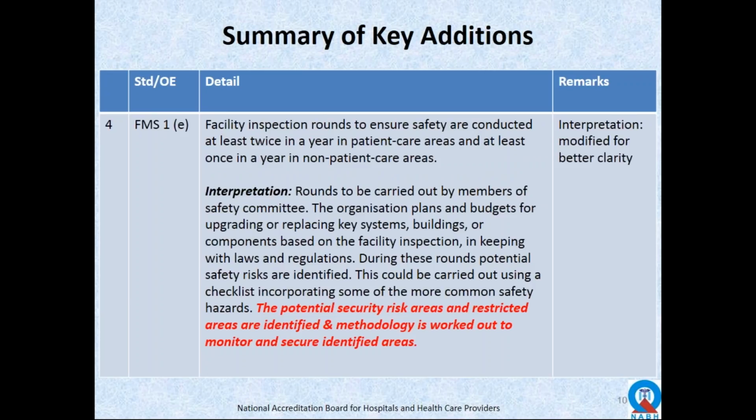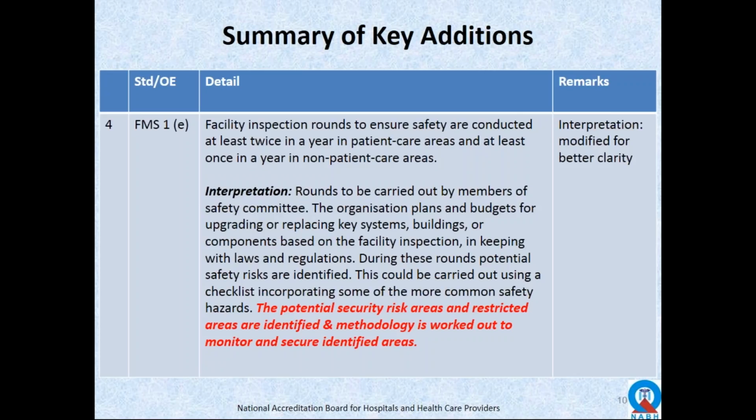We have not specified which methodology or mechanism is to be worked out, whether it be in terms of posting more security personnel, having better lighting, or having more CCTV cameras placed in these areas. That's left to the organization to decide. But the organization should definitely find out the potential security risk areas and areas which are high risk and restricted, so that a methodology is found out for the same.